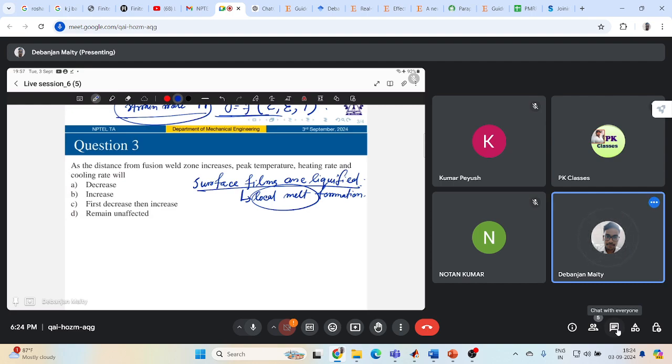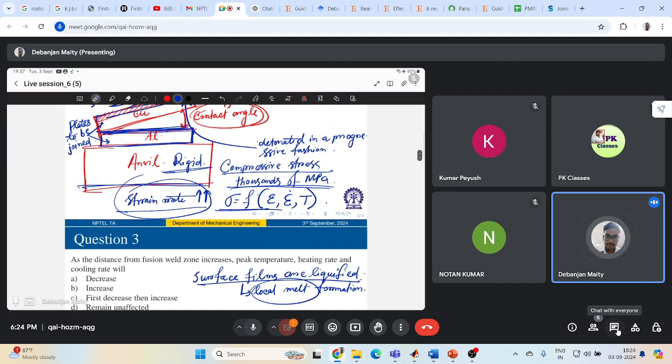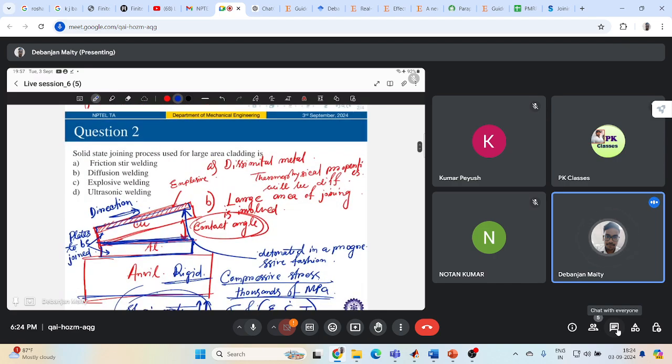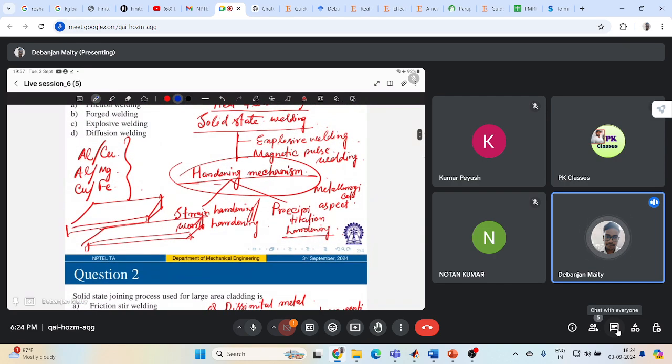Can you come across any kind of common application where explosive welding should be used? So I was talking about copper to aluminum, aluminum to magnesium, copper to iron. When do you want to have some dissimilar metal combination?